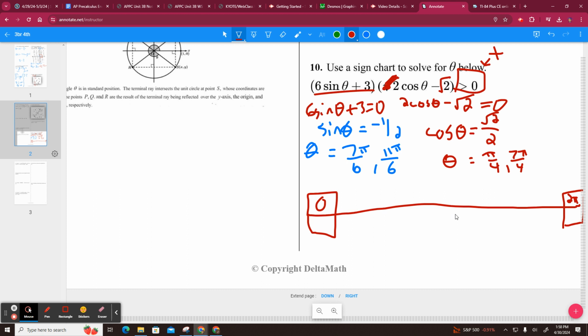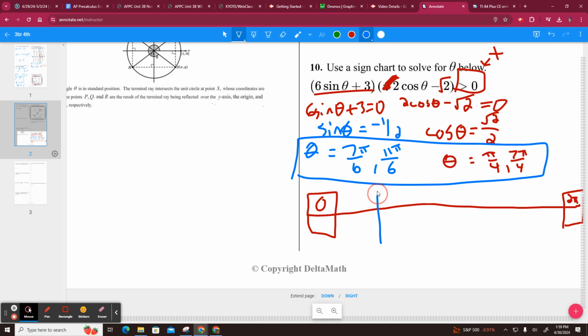And then when I'm writing my answers out here, I'm going to put my points that I just found, all of this section, in order here. So going counterclockwise on the unit circle, pi over 4 comes first. Then I get 7 pi over 6 next.